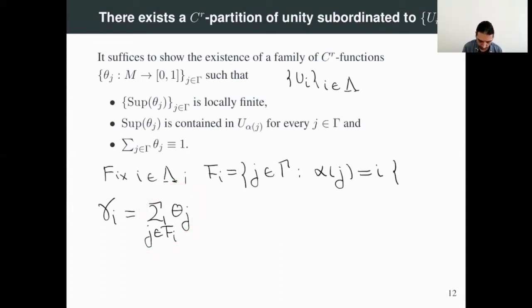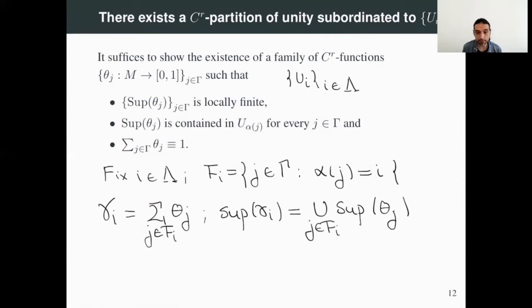Very good. And since this family of supports is locally finite, we have something very cool, and it is that the support of gamma_i is the union of the supports of the theta_j's, where j belongs to F_i.